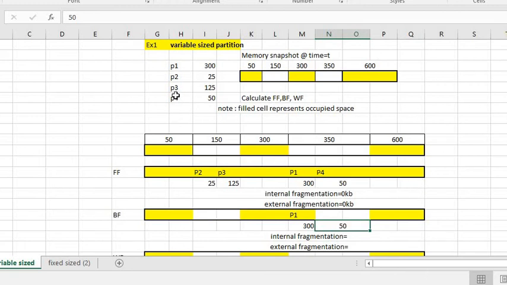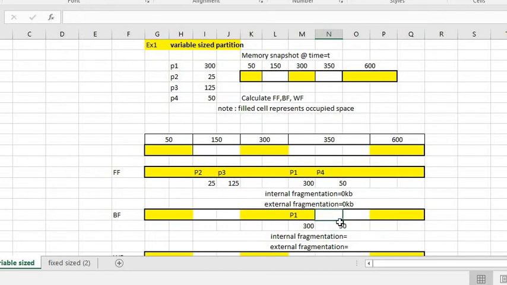The next arriving process is P3, requesting 125 kilobytes. So look at the first possible block. I have the first hole of 150 and the second hole of 50, and P2 with 25. Now we need to check out these two holes, 150 and 50. 50 is the smallest possible hole to accommodate P2, so we need to allocate P2 in this hole.